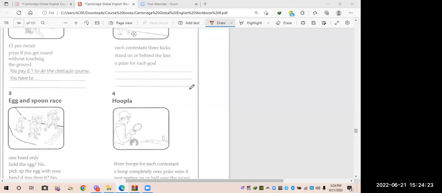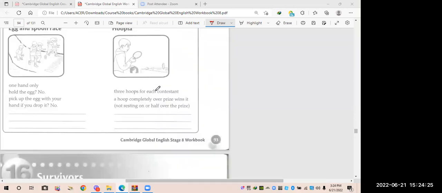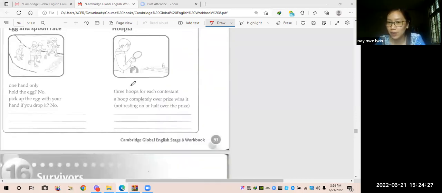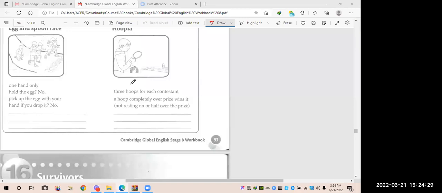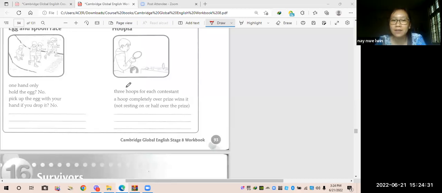Okay, can you repeat number 4's answer? Yes, okay, so you can have three hoops, right? Because three hoops for each contestant. So that is talking about our ability, right? And for this one, a hoop completely over the prize wins it.